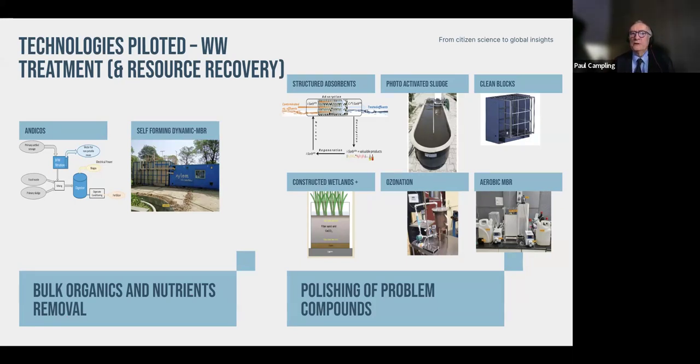And then on the right, we have polishing technologies to remove some of the problem compounds that we're finding in the wastewater. As I told you, we have the tannery industry close by to the Jajmau STP. So we want to effectively remove any of the chromium heavy metals in the wastewater.